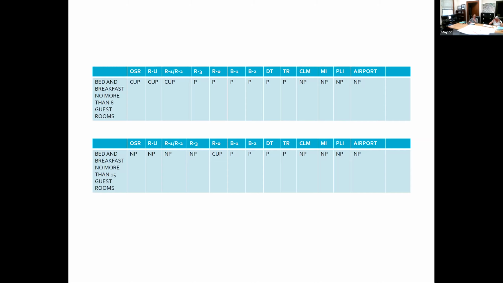I don't know off the top of my head the size of those bed and breakfasts, but you can see how the smaller bed and breakfasts would be allowed, but they would be required to have conditional use permits. At the time, the Barrister Sanders and Carolina were 8 guest rooms or fewer. They did not meet the country inn definition. Good question.